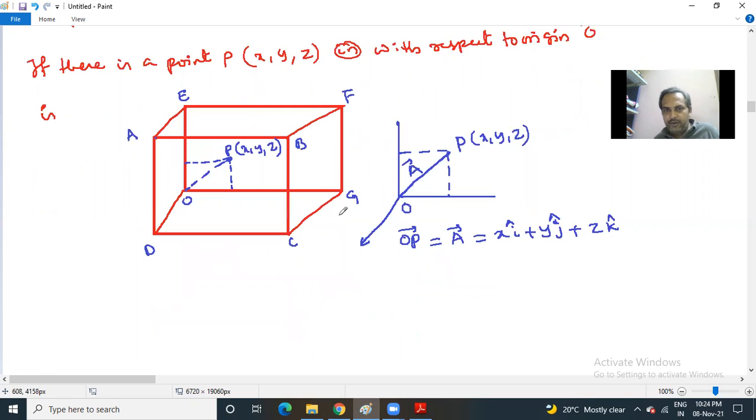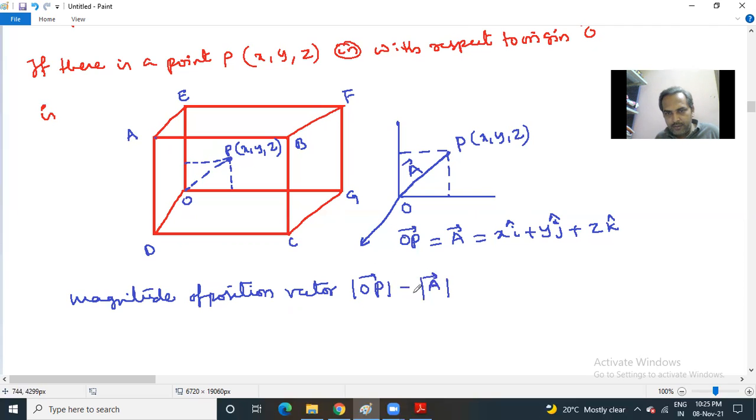Even you can also take the magnitude of the position vector. Magnitude of position vector, you can write like this, OP, or you can also write mod of A bar. So this is going to be the square root of x square plus y square plus z square.